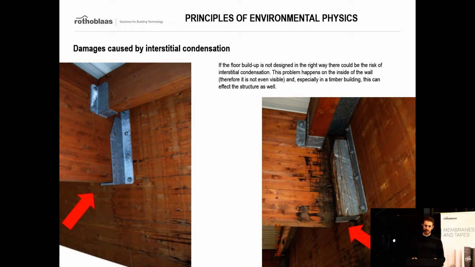First of all, it's condensation which happens inside the wall thickness, and therefore you cannot see it, so you cannot see the damage. That's why it's very dangerous. And second of all, interstitial condensation is very bad because it can actually affect the structure. If you have condensation happening inside your wall and you have a timber structure, of course you know that timber is very sensitive to water and to vapor, and therefore water and humidity can severely damage our structure.